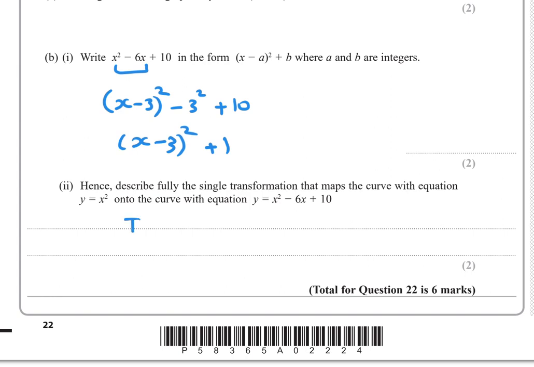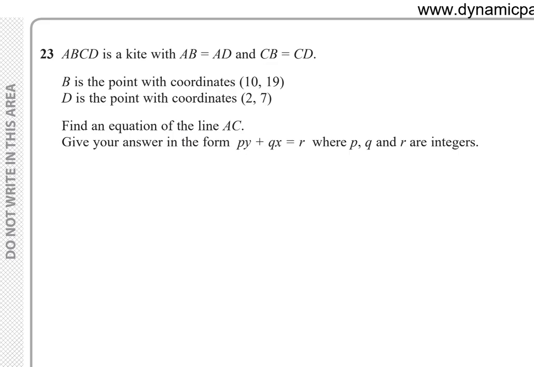So translation by the column vector (3, 1).